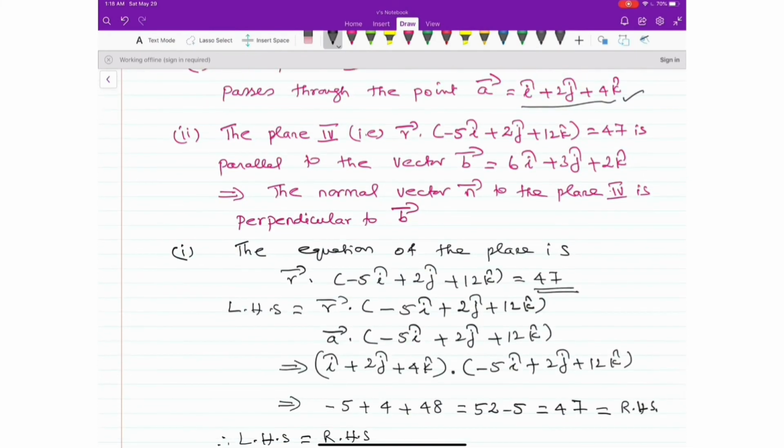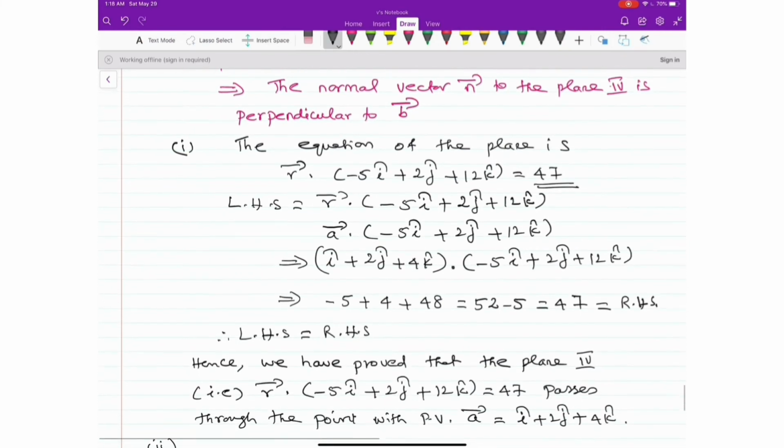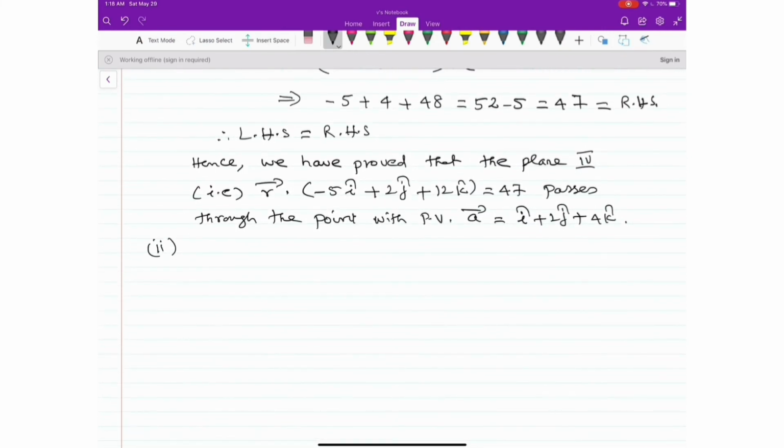We have to prove that plane 4 is parallel to the vector B or parallel to the line. Either way you can write it.